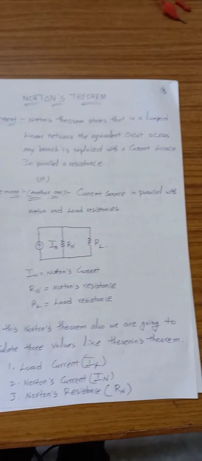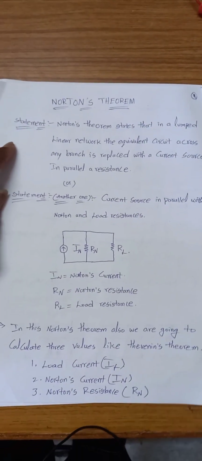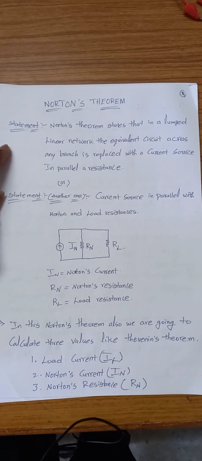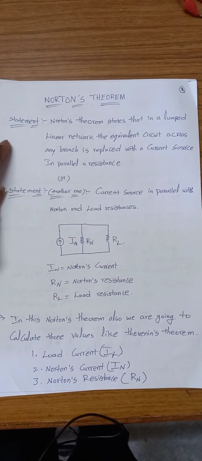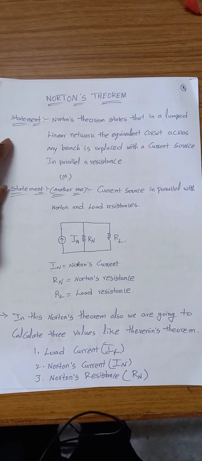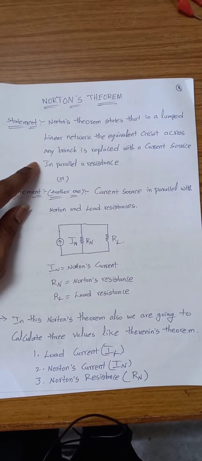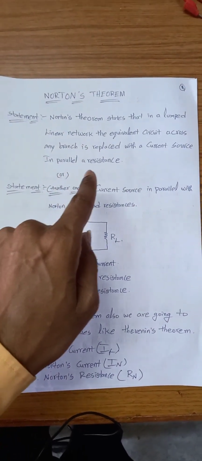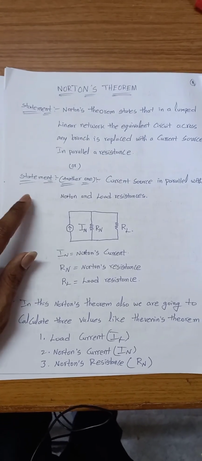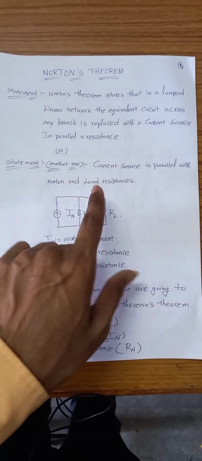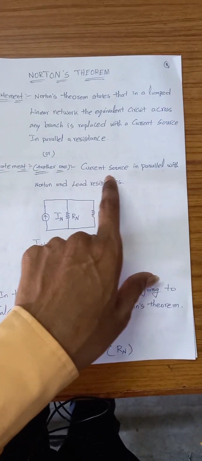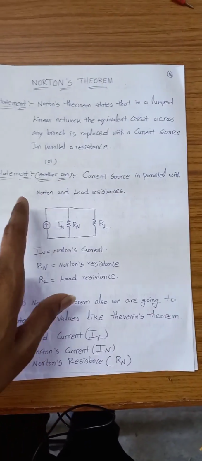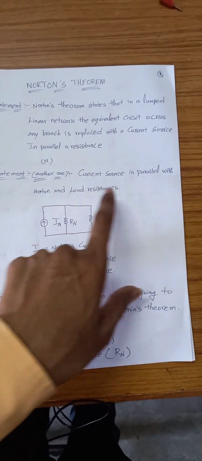And here the statement is: Norton's theorem states that in a lumped linear network, the equivalent circuit across any branch is replaced with a current source in parallel with a resistance. So the simple statement we need to remember is current source in parallel with Norton and load resistances.